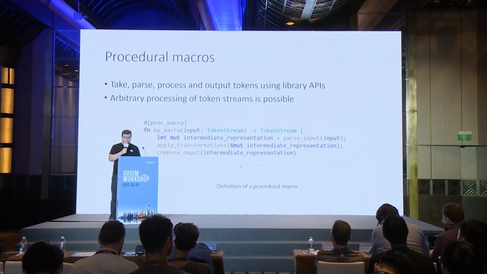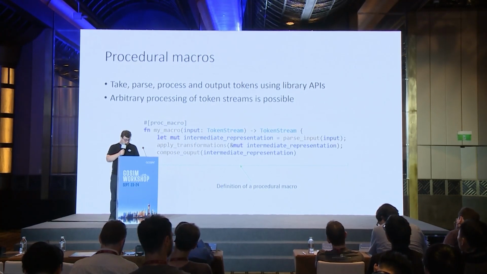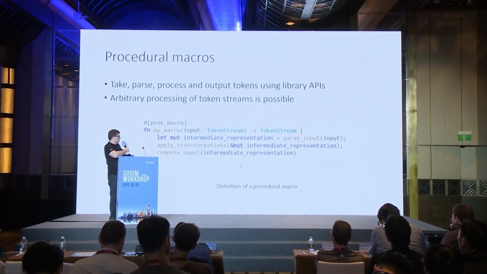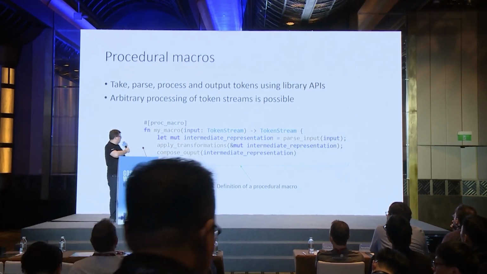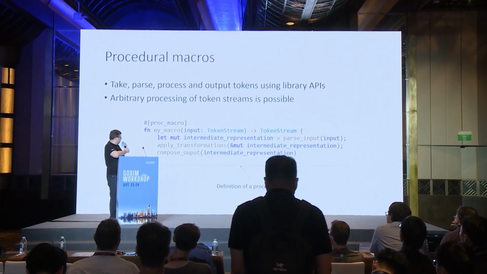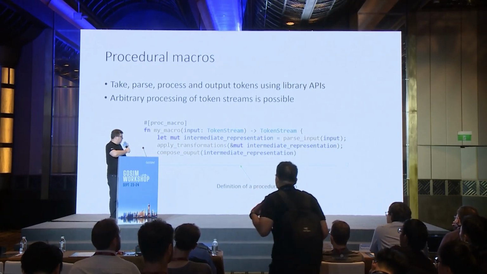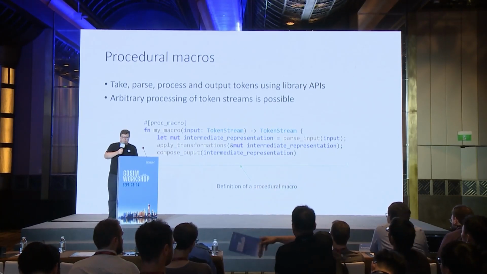On this slide we can see a definition of a procedural macro, and we can see that it takes tokens, parses the input tokens into some intermediate representation, then does something with it, and then produces some output that is based on it, all using library APIs.